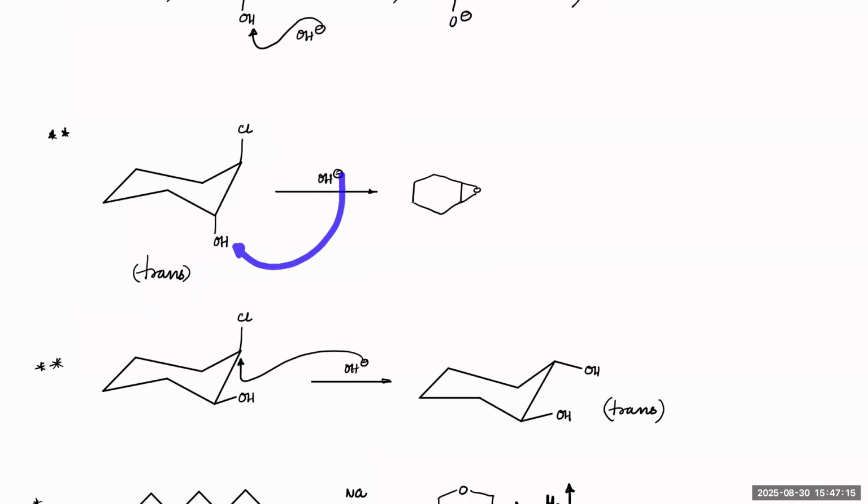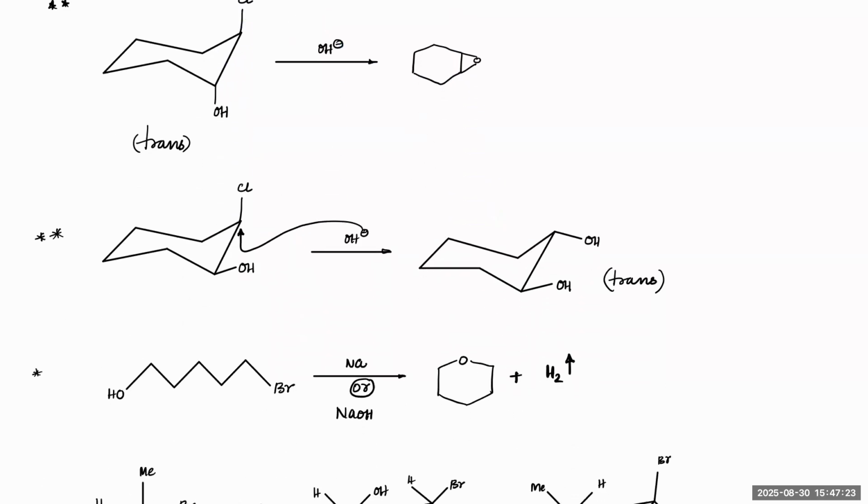So H plus can be removed from here, O minus can internally attack from the bottom, remove chlorine, and you will get this epoxy ring. But if it is not in a trans position, then OH does not accept this H plus because it is not going to lead to any product. That's why OH directly attacks here, removing this chlorine. So you will get diols.